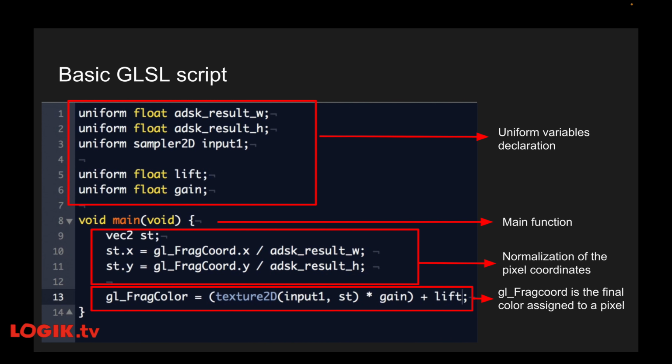So think of that as the texture of the result, which has a sampler of a 2D texture assigned to it, that then the ST specifies where in the canvas each of the pixels are going to be assigned to.